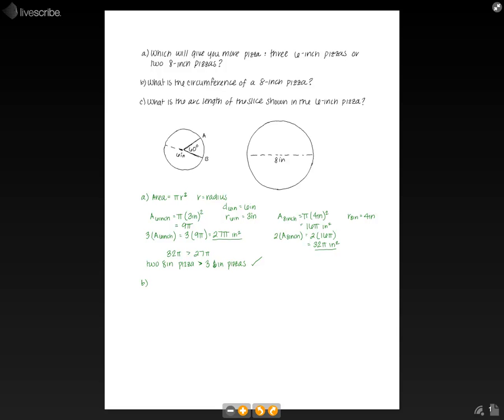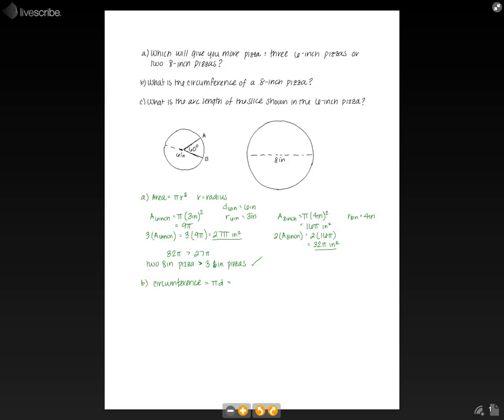Part B says, what is the circumference of an 8-inch pizza? Alright, so the circumference is basically the distance all the way around the circle. Alright? So there's a formula for circumference. So circumference is equal to pi d.